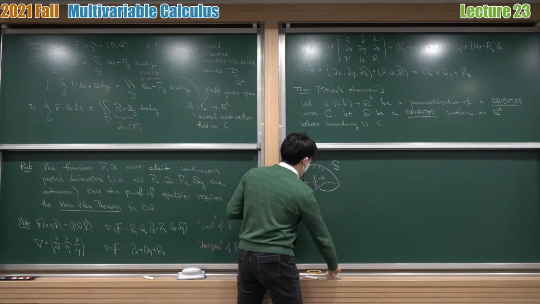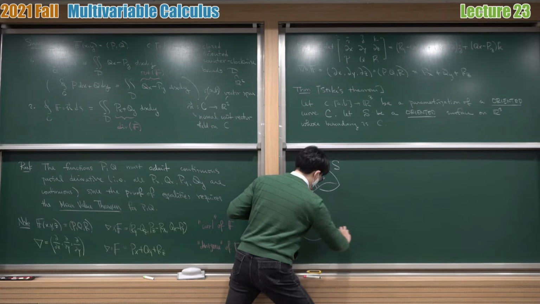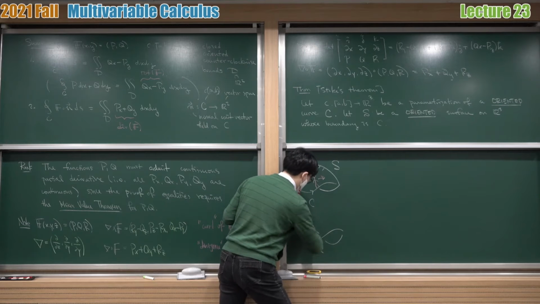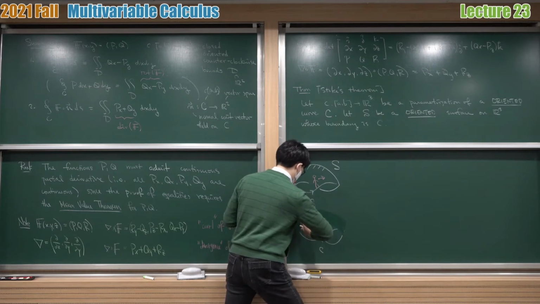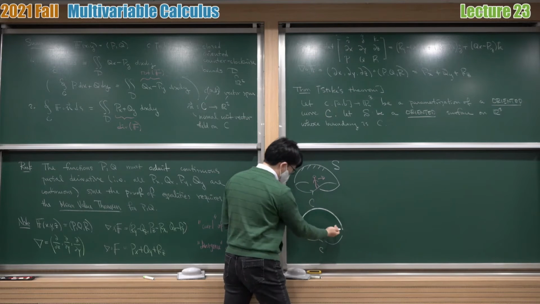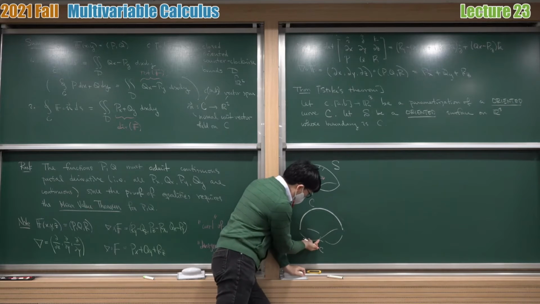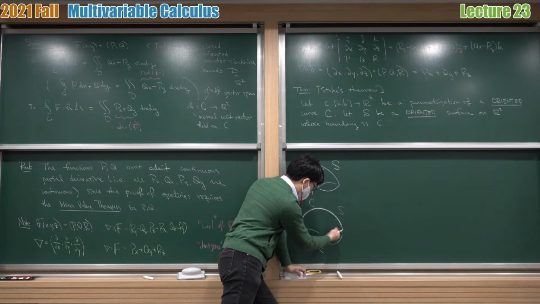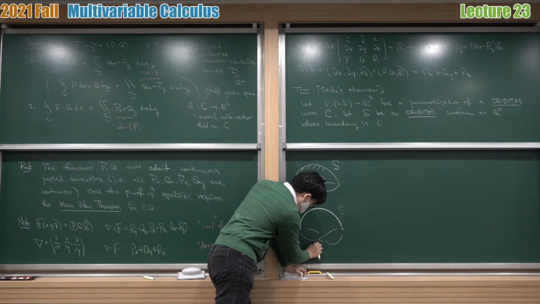If I have the same surface S and same boundary C, but what if my orientation of the curve C is opposite? If I have this orientation, then in order to have my left arm pointing to the inside of the surface when I'm moving along this orientation of C, my head must be pointing downward, right?